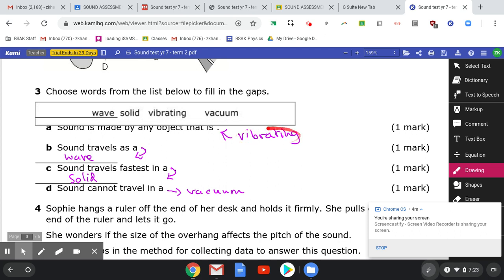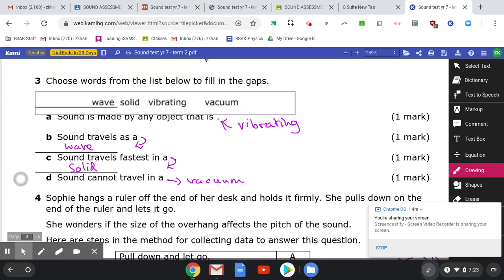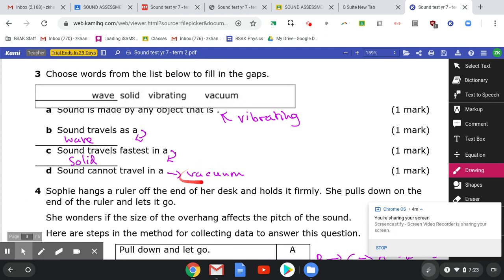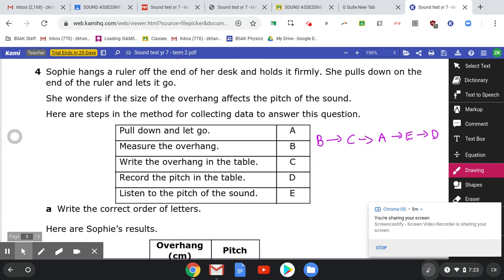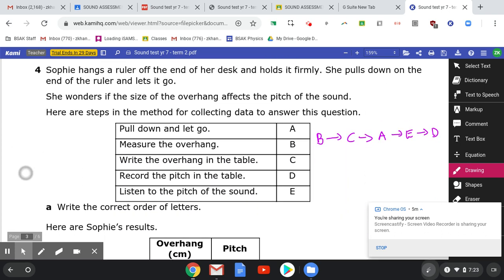So particles need to vibrate, and that's what creates sound. Sound travels as a wave. Sound travels fastest in a solid, and sound cannot travel through a vacuum, and each of those is 1 mark each.